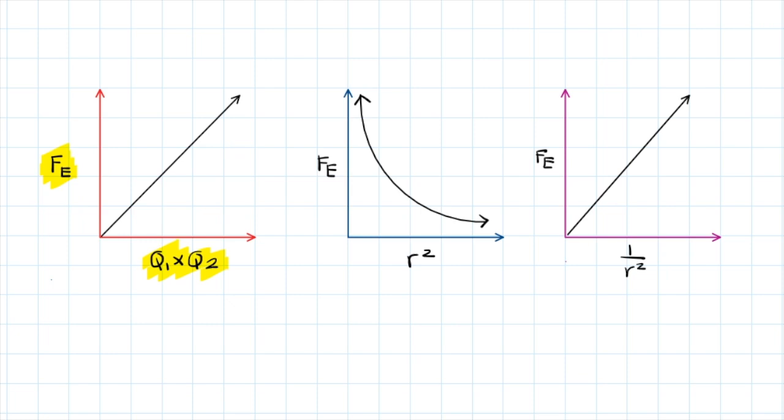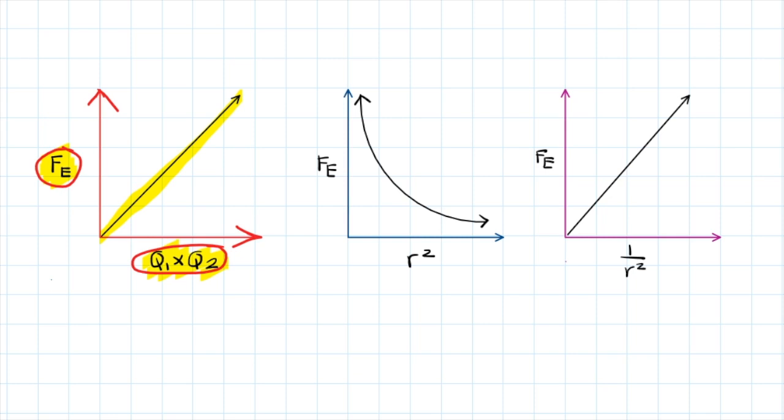And as you can see, here we have an increasing linear graph that passes through the origin. The reason the graph looks this way is because as the product of the magnitude of the charges increases, we expect the magnitude of the electrostatic force to increase as well. And this can be shown by a graph that looks this way.